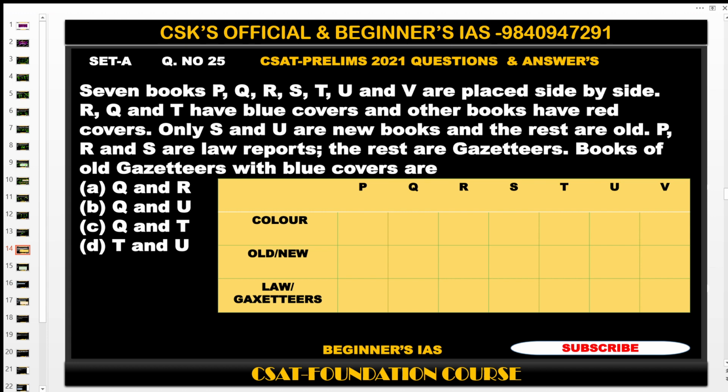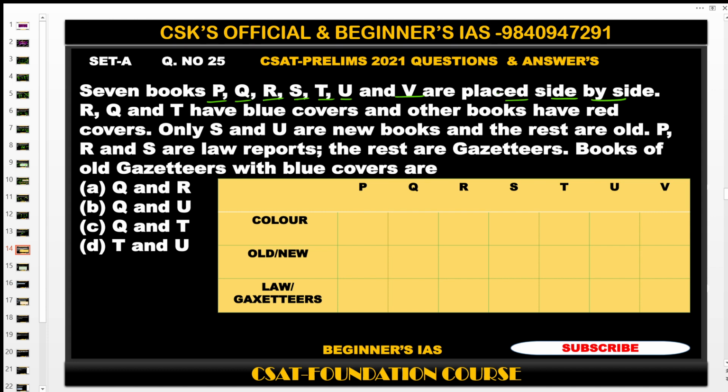Now the 7 books P, Q, R, S, T, U and V are placed side by side. Now R, Q, T have the blue color.